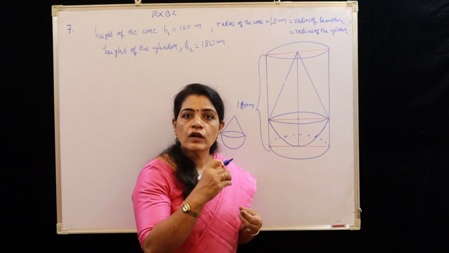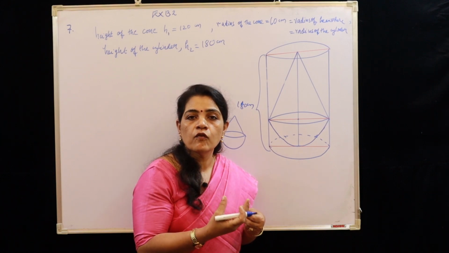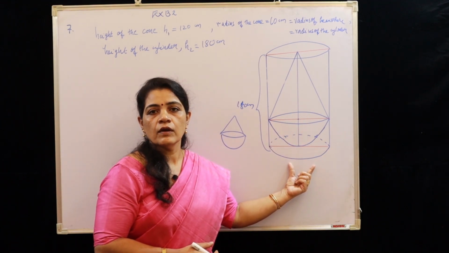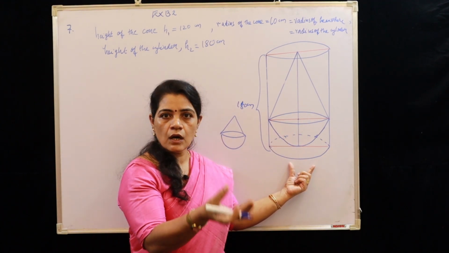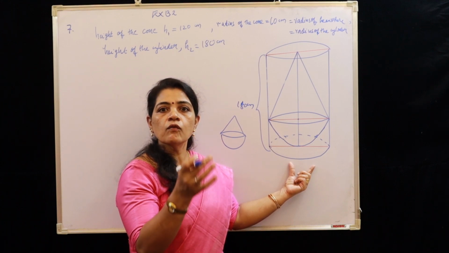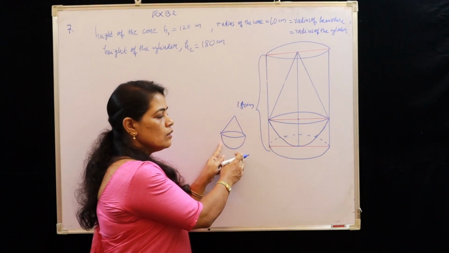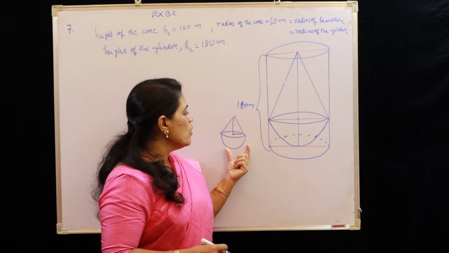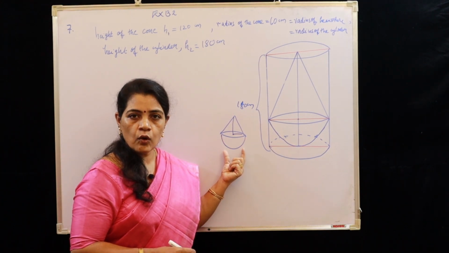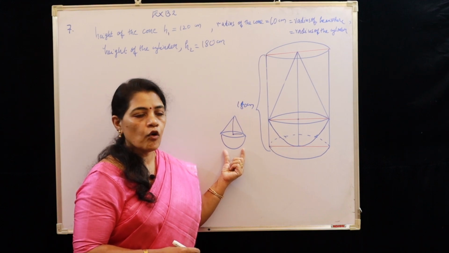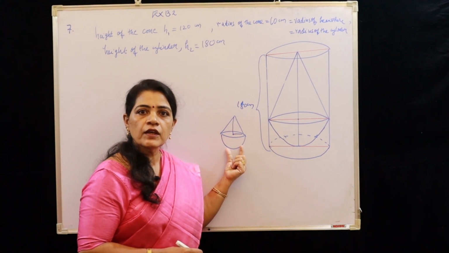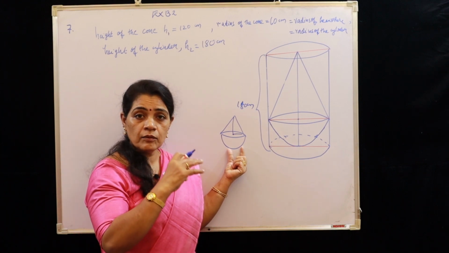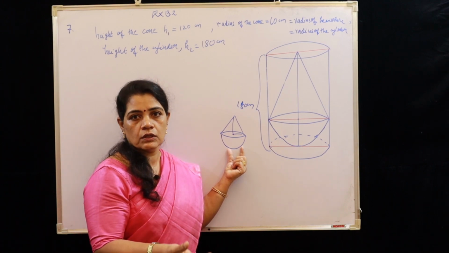So the water which flows out will be equal to the volume of this solid. The volume of this solid is nothing but the volume of the cone plus the volume of the hemisphere. As a result, that much volume of water comes out.